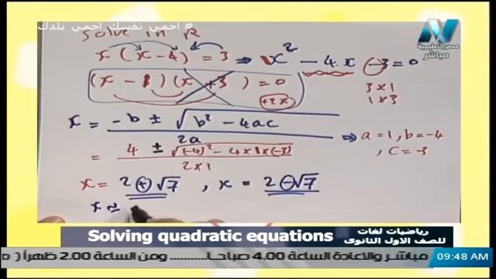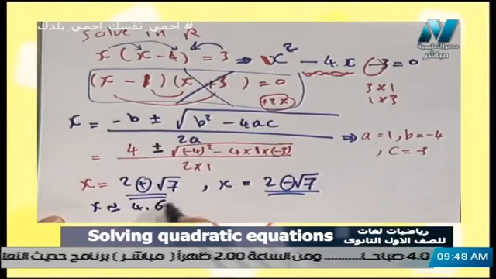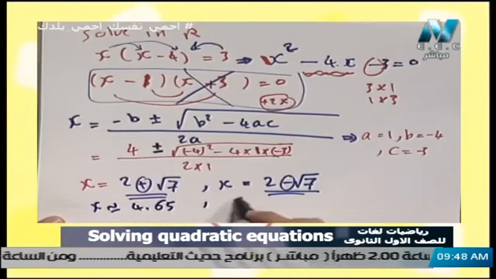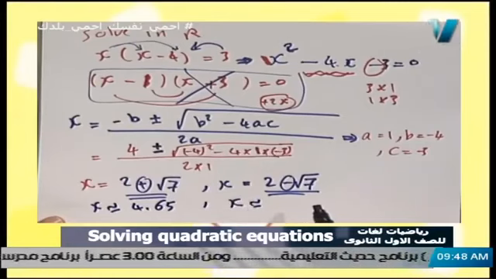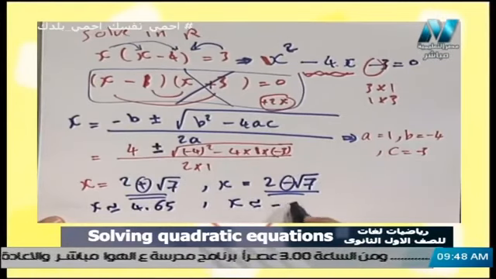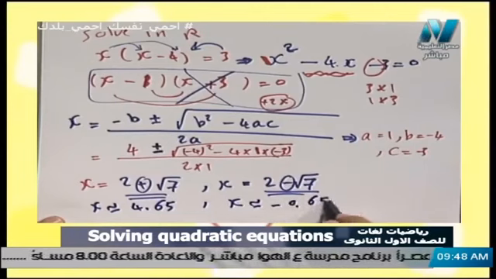It will be approximately 4.65, approximating to two decimals here, and negative 0.65.